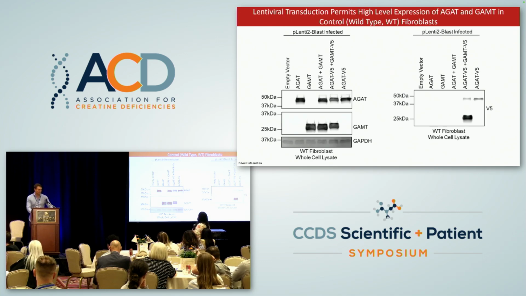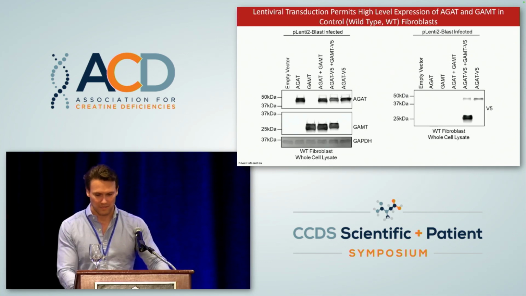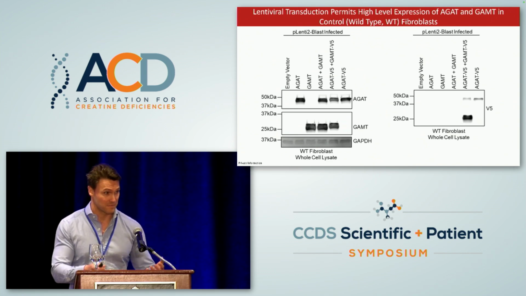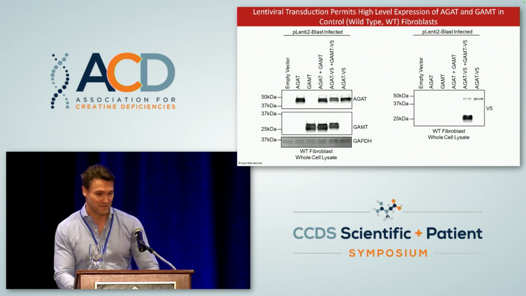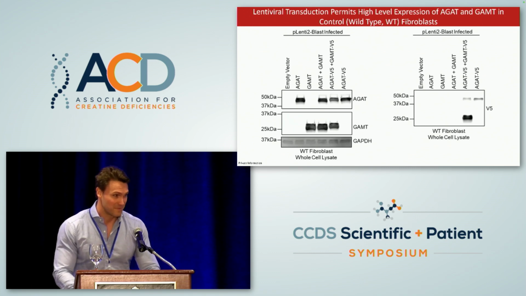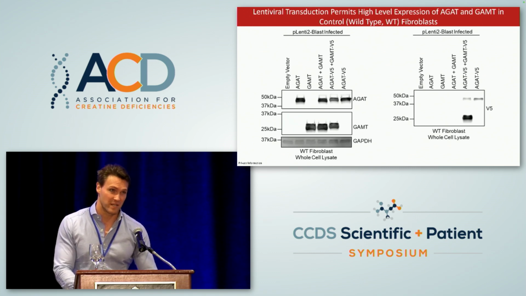We probably can. Yeah, I think you probably could decrease GAMT expression, and what the optimal relative expression of those two is for generating creatine, we don't know. And so that is a good question. Would it help to boost AGAT more? I think there is the danger of having AGAT without GAMT.